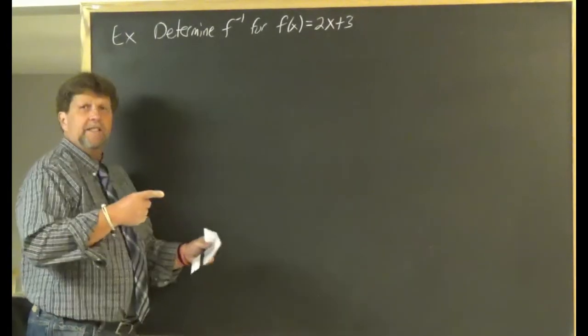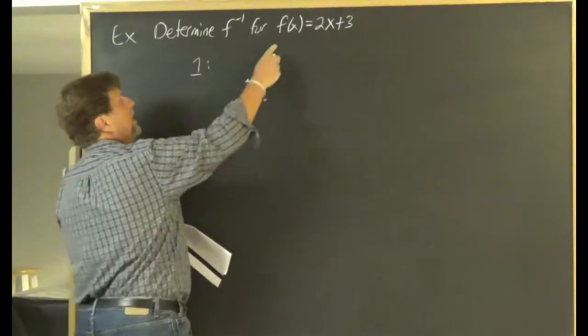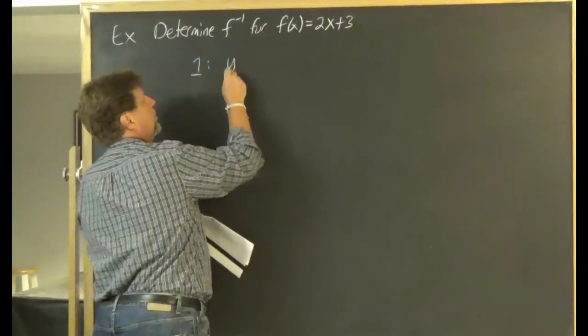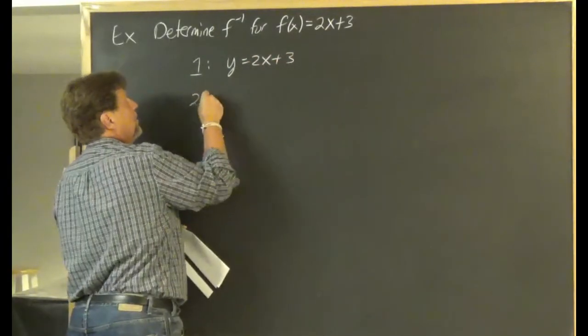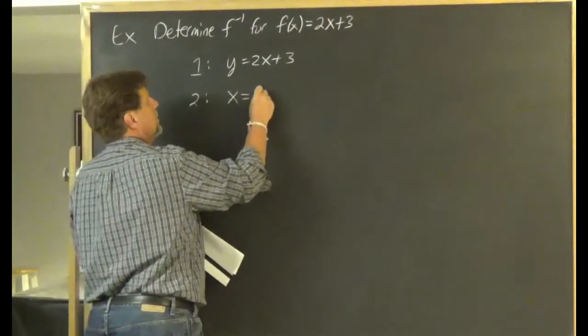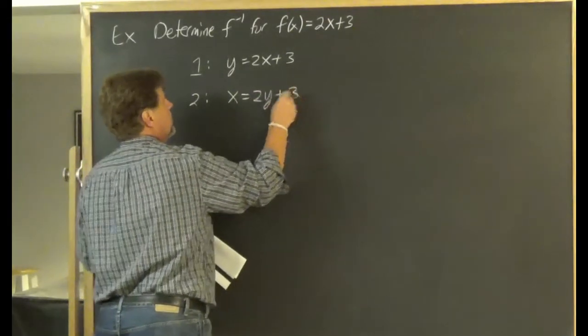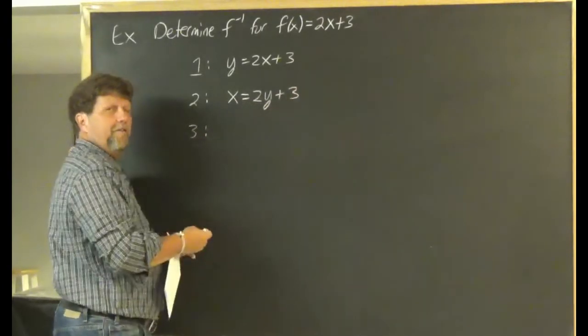Remember step 1, I'll label these. Step 1, replace f of x with y. Step 2 was to switch the x's and y's. Step 3 was to take this and solve it for y.